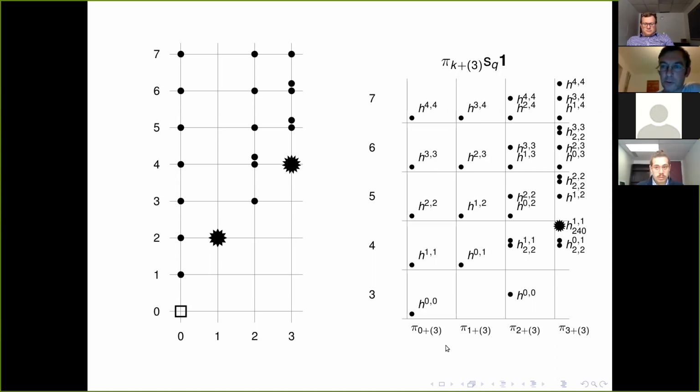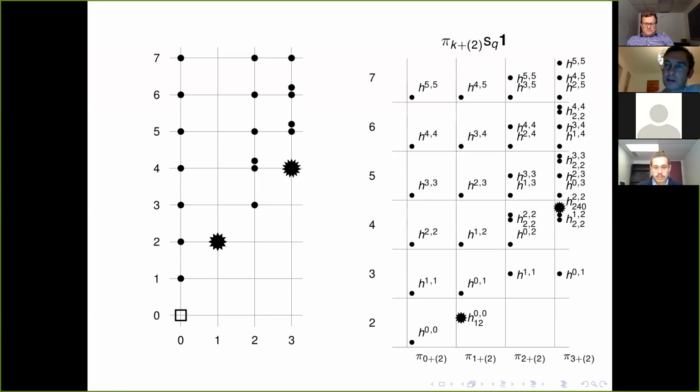determine some actual groups. And of course you can vary the weight. If we, for example, look at pi k plus round brackets 2, then already the 2 slice will play a role, and we see some mod 12 information coming in here.